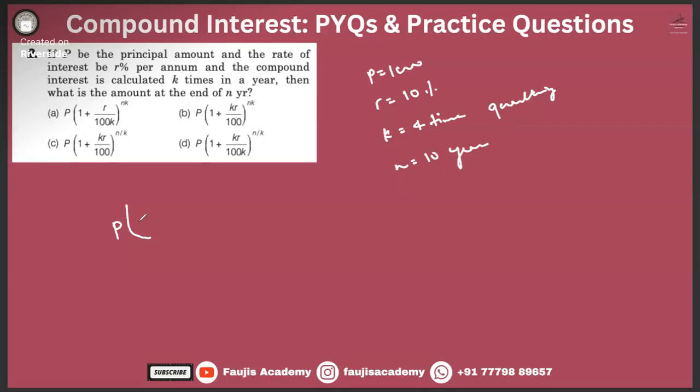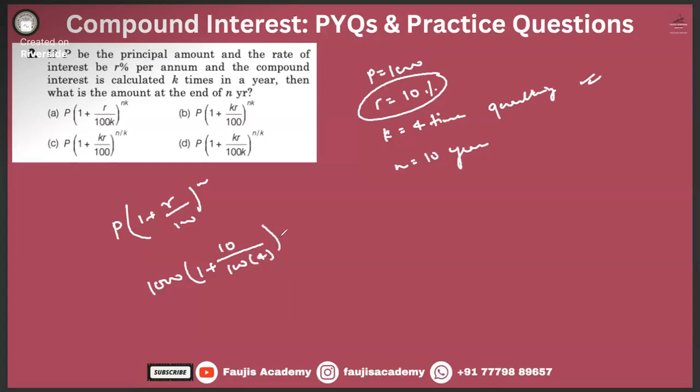So P into 1 plus R by 100 into n. P is your 1000, we have written it as it is, plus this R, and now quarterly, that means rate divided by 100 into 4. Now in 10 years, how many quarters? 40 quarters.